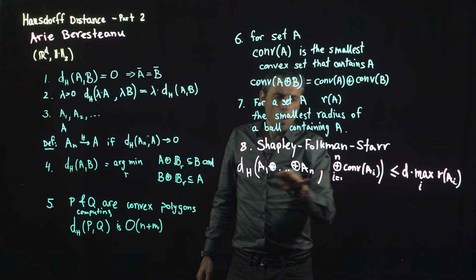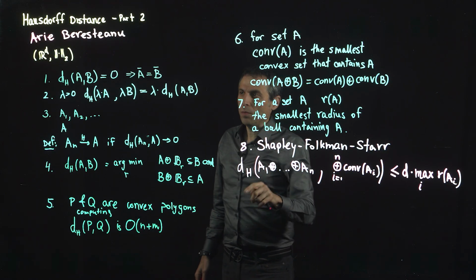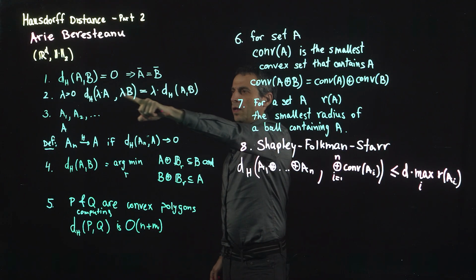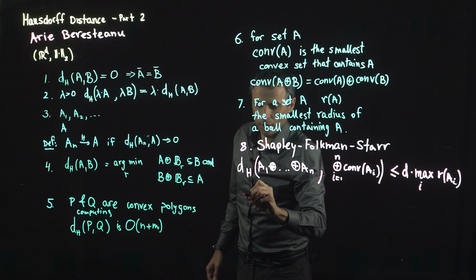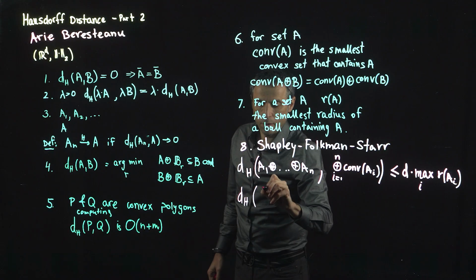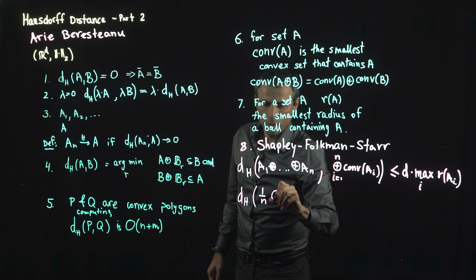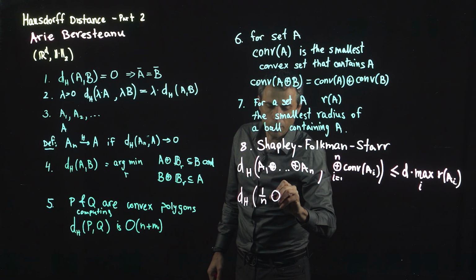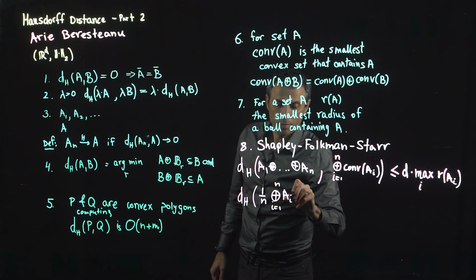Okay, so what am I going to do with this? I'm going to first use property number 2, and I say that dH, I'm going to multiply by 1 over n, and here I'm going to write this in a compact way as well, i goes from 1 to n of A_i, right?